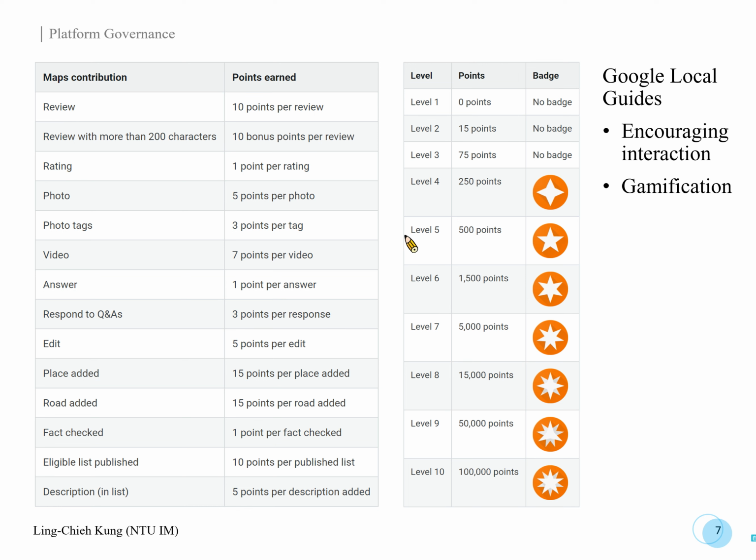As long as there is someone getting 500 points and is willing to do more to earn more points to get to the next level, he or she is going to contribute more to Google. Google does not pay anything to them. Google just set up this level system, badge system. Then it's going to make some people more willing to contribute. That's going to be good for Google, right?